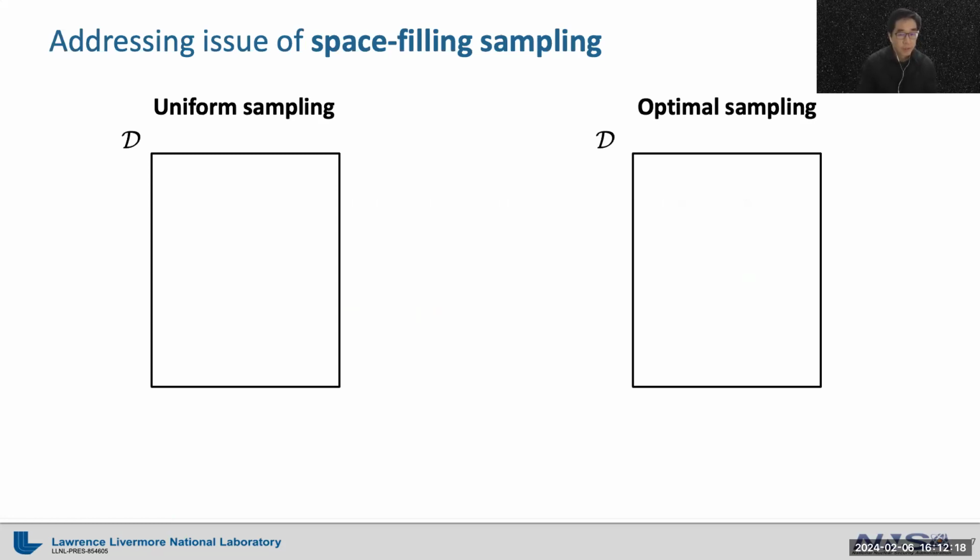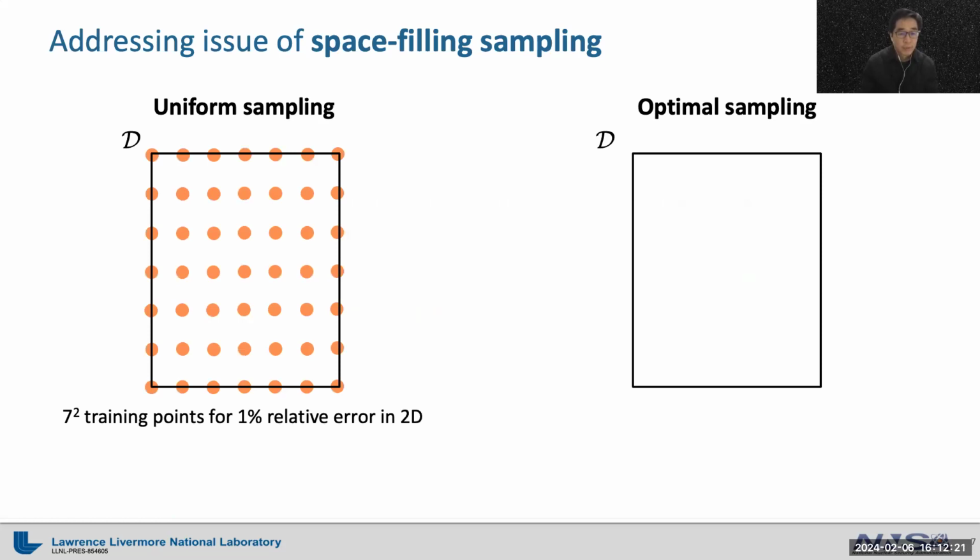Just to illustrate that, if you use uniform sampling in a two-dimensional parameter space, and let's say you sample 7 data points for each dimension, that requires 49 training points. Let's say you need that to achieve 1% relative error. That implies that if you are going to deal with a 10-dimensional parameter space, then that means 7 to the 10th power, approximately 300 billion data points you need to generate.